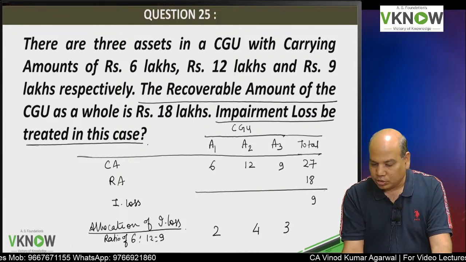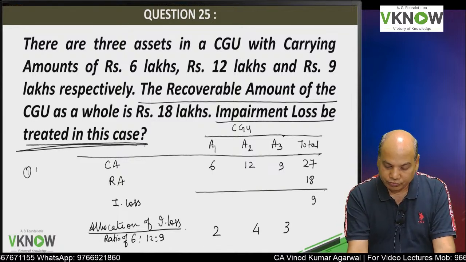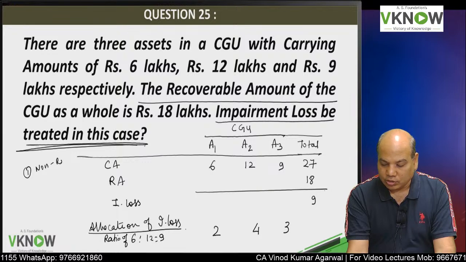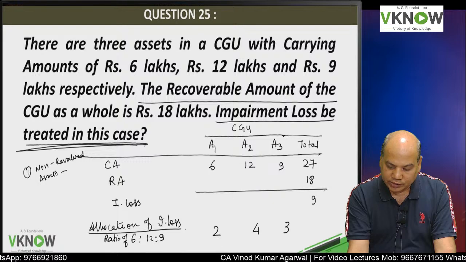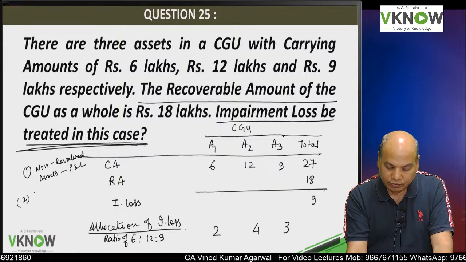And how will the impairment loss be treated? So you will have to write a note. If these are non-revalued assets, impairment loss will be transferred to P&L account.